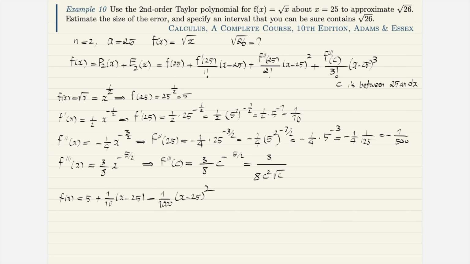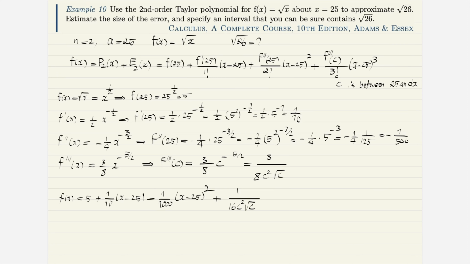And then this expression divided by 3 factorial. So 3 factorial is 3 times 2 times 1, which is 6. So I have to divide this by 6. So 6 will be multiplied here, 48, and these will be simplified. So it becomes plus 1 over 16 c squared square root of c.